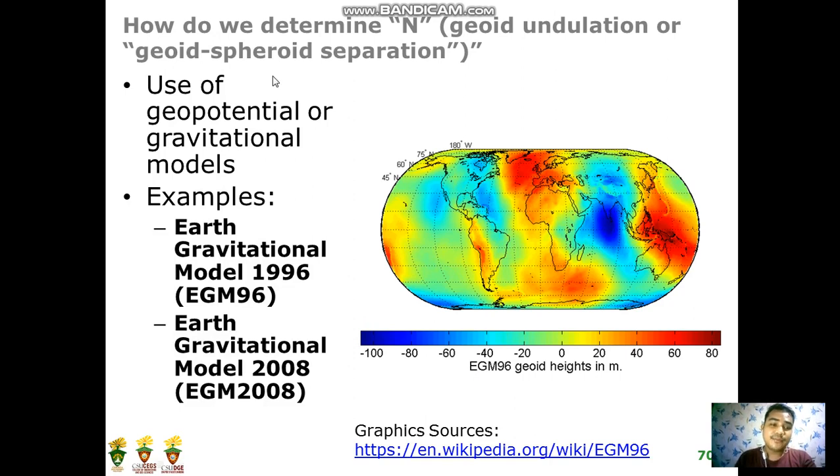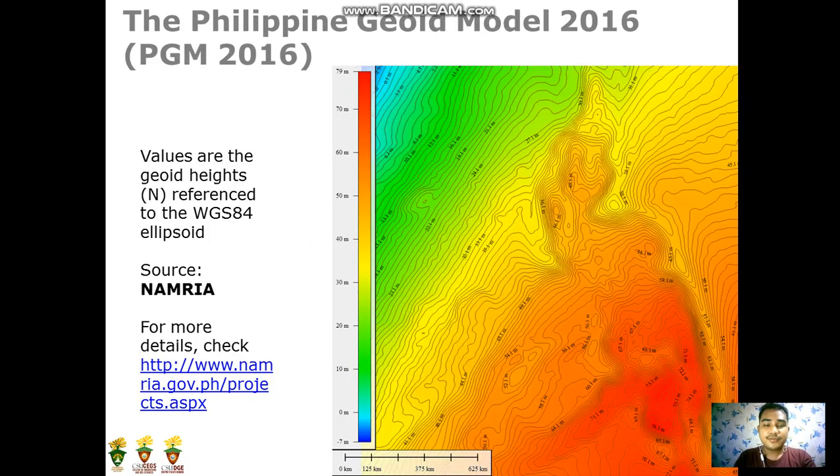Examples of these geopotential or gravitational models are EGM96 and the newer one, EGM2008. You can get them through their websites. Here is the Philippine Geoid Model, PGM 2006. This is the geoid model of the Philippines, from NAMRIA, by the way, and you can get it via this website.